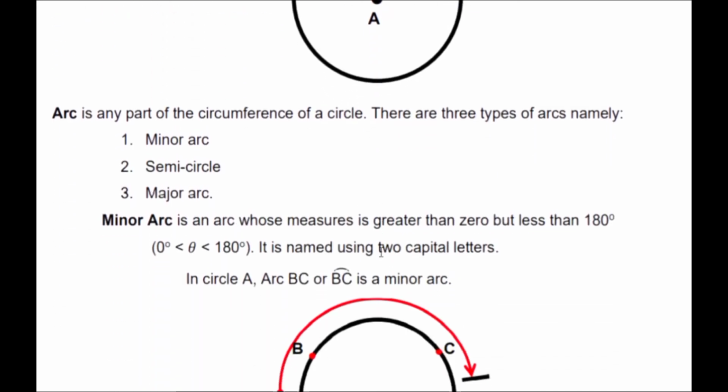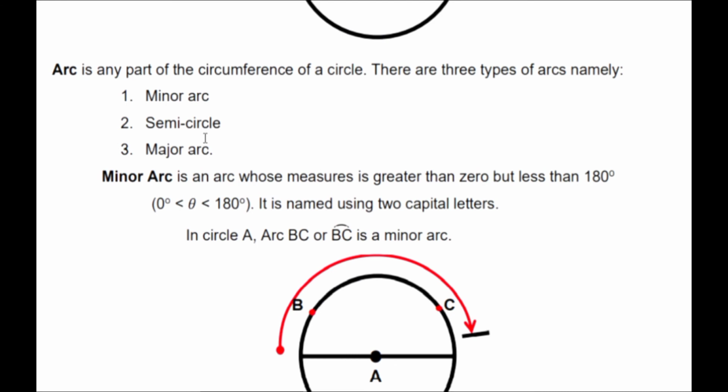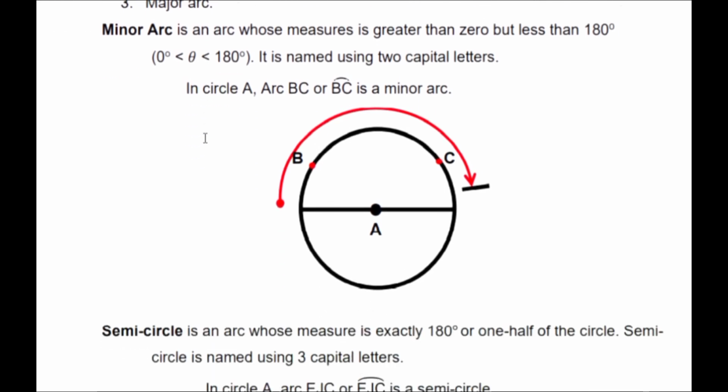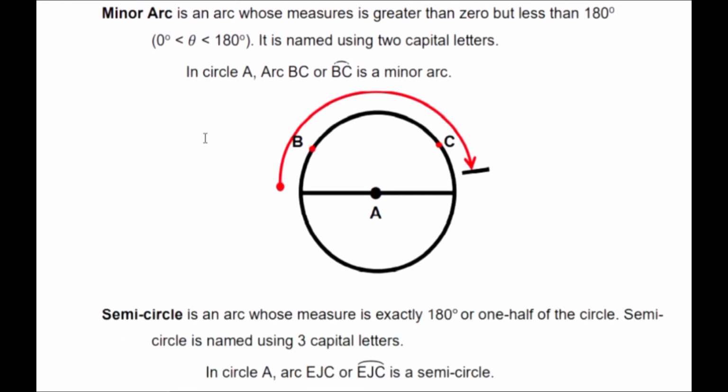Next one, we have the arc. An arc is any part of the circumference of a circle. So we have three types of arcs. We have the minor arc, semicircle, and the major arc. Minor arc is an arc whose measure is greater than 0 but less than 180 degrees.